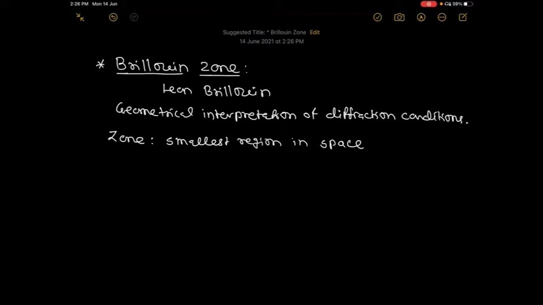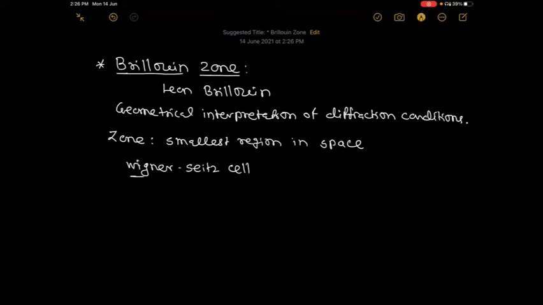In that space, the smallest region represents a zone. Such a smallest region about a lattice point is known as the Wigner-Seitz cell.